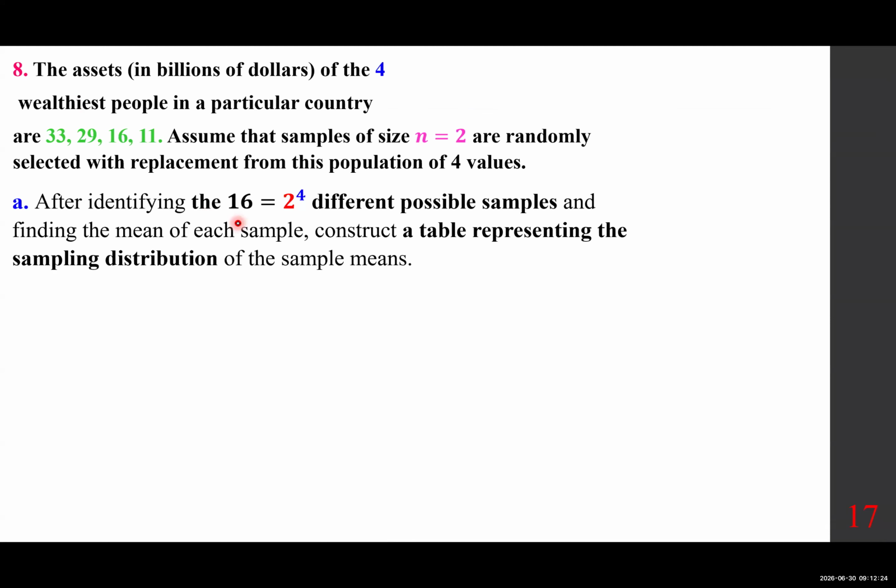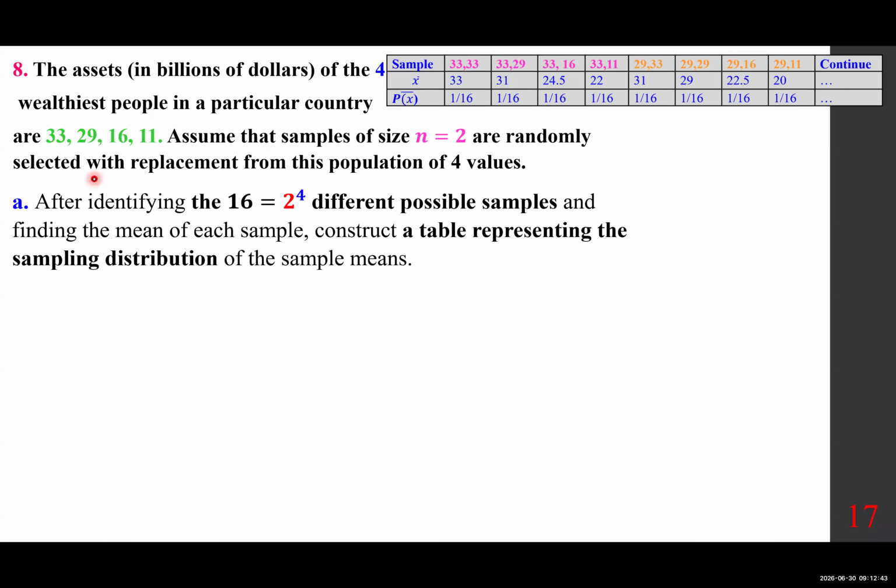We want to actually discuss mu of x bar, which becomes the same as mu. That's the idea. So having said that, when you choose 2 and it's with replacement, then you get 2 to the power of 4 items. Here's what you get. 33 with itself, with 29, with 16, with 11.